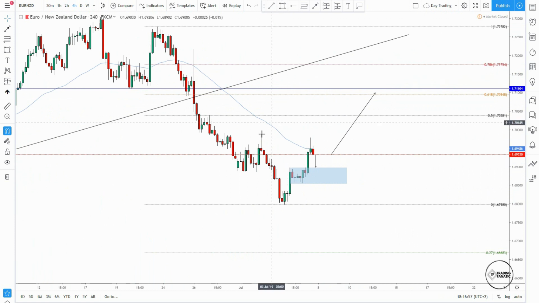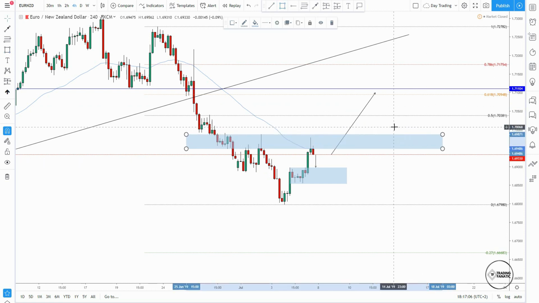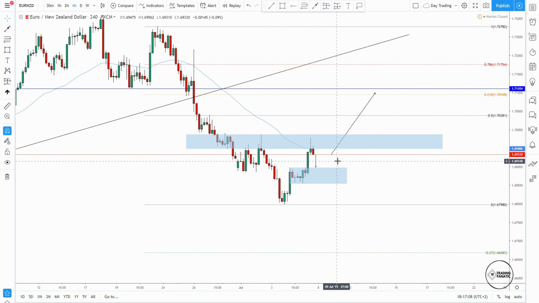But we're still staying below this lower high. So as long as we stay below this region here, it is not very safe to go long, but we can just speculate on price reaching the 61.8%.